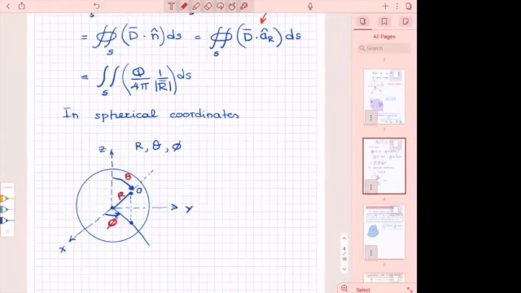So I can take the whole Q over 4 pi, 1 over r squared, I forgot the square.